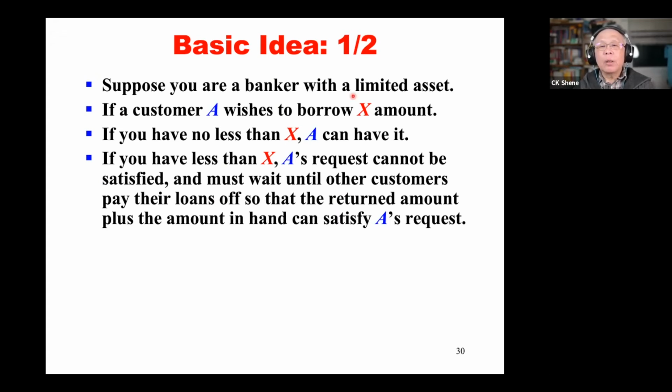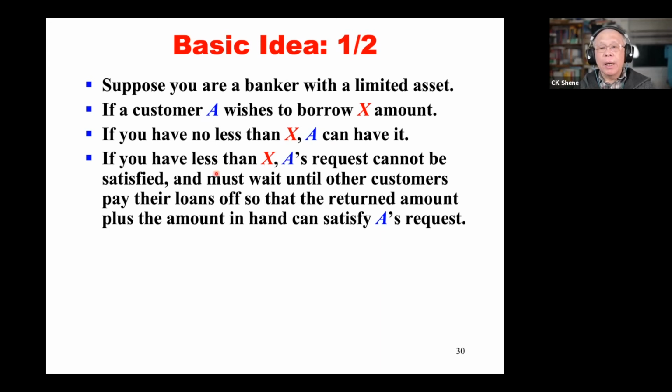If customer A wishes to borrow X amount, and if you have no less than X, A can have it, of course. So in your hand, you have your current amount minus what A is. That's your current minus X.